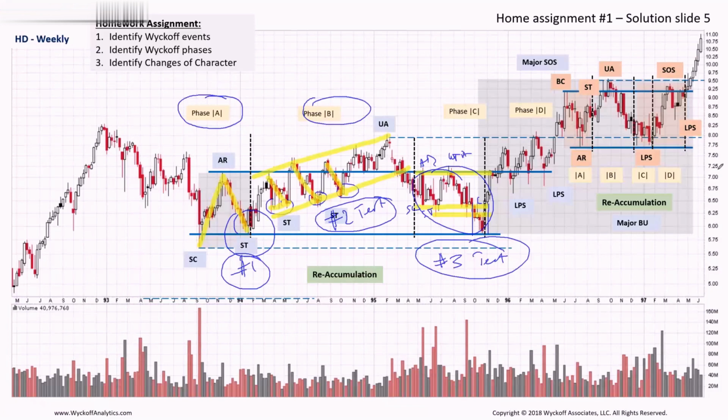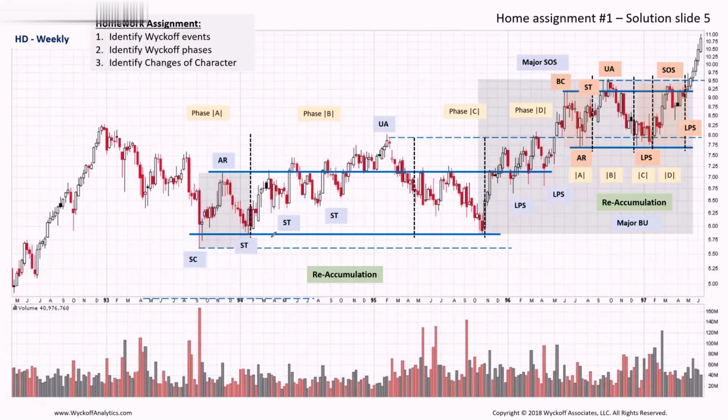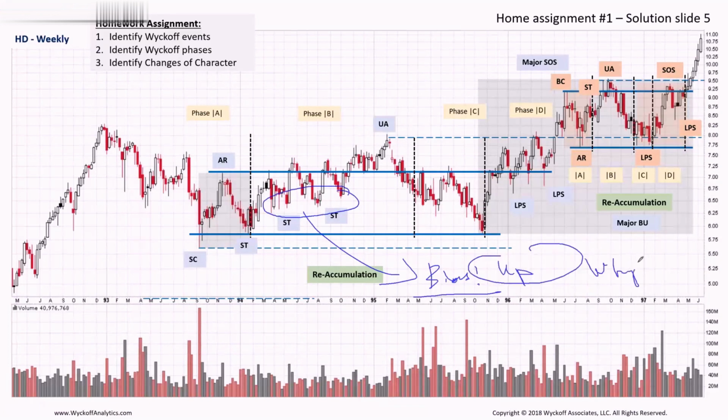By the way, guys, think about this. If you are observing this type of behavior in phase B, what could we conclude about the bias of this formation? Well, it's probably going to be to the upside. Why? Well, look at how the tests in phase B are happening at the higher lows.